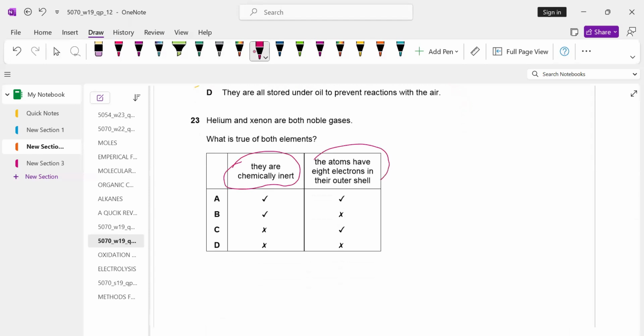The atoms have 8 electrons in their outer shells. Okay, so they are chemically inert, helium and oxygen. First one is A or B, one of them would be correct. Then they have 8 electrons. So oxygen has 8 electrons, but helium does not have 8 electrons in its outer shell. So option B is correct for question number 23.